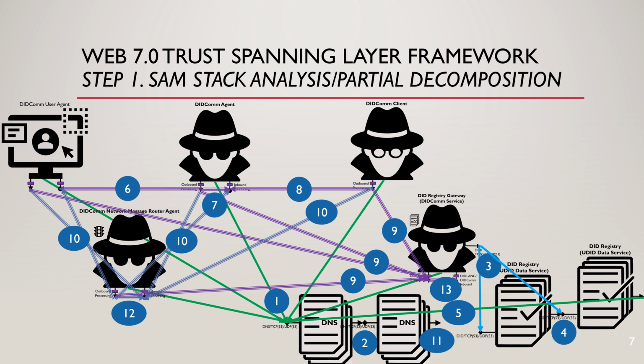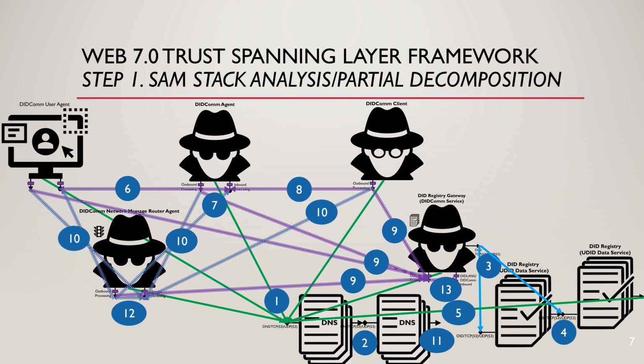It's a specialized DIDComm agent that gives us DIDComm access to the DID registry. We see a pair of DID registries in the far right bottom corner of this diagram. And the reason for that is that DID registries can be chained together and front-ended by one or more DID registry gateways.